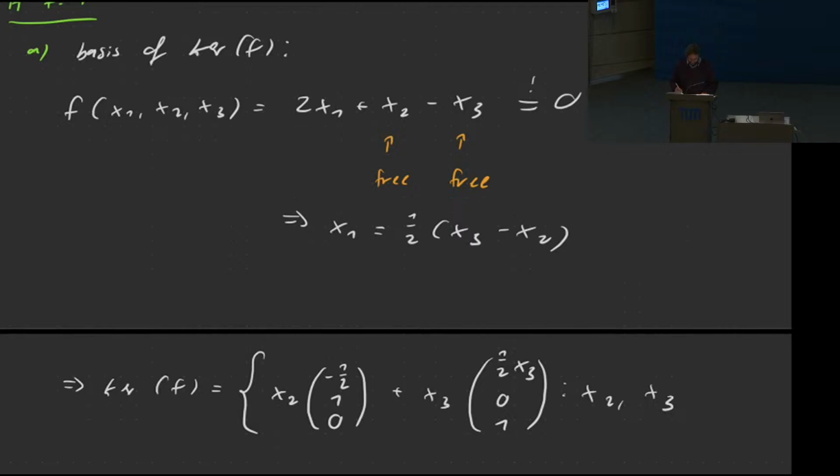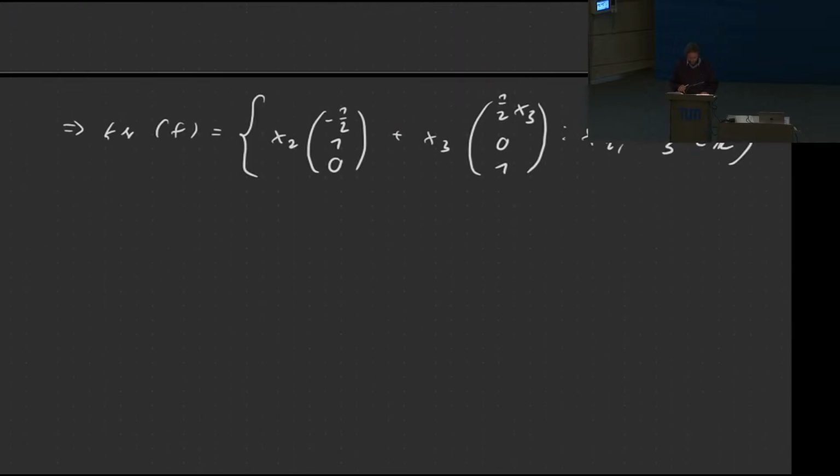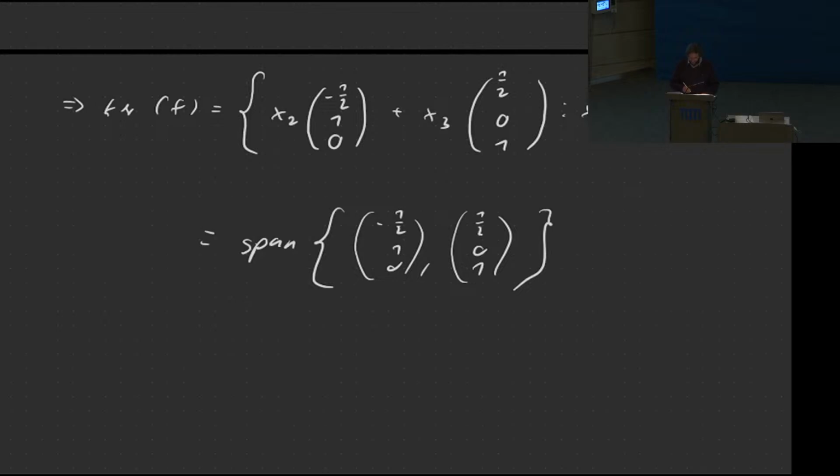And x2 and x3 are arbitrary real numbers. And of course, I can also write that as the span of these 2 vectors. Those are obviously linearly independent because of that part down here. Oops, I accidentally put an x3 in here. Sorry about that. And then this set here would constitute a basis of the kernel of f.